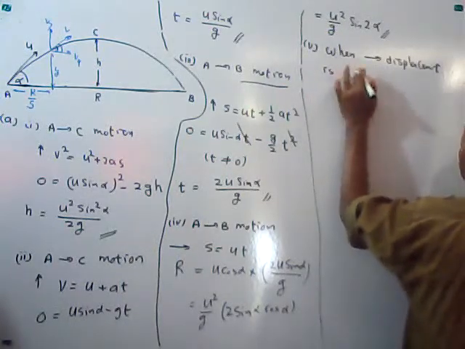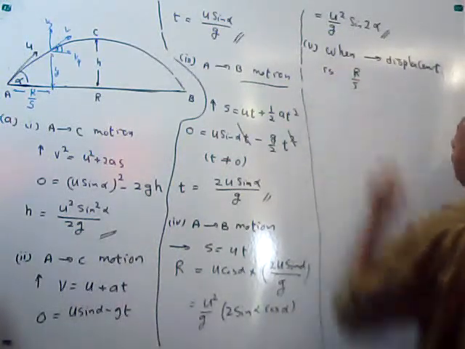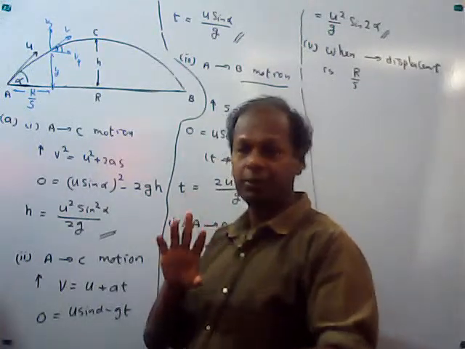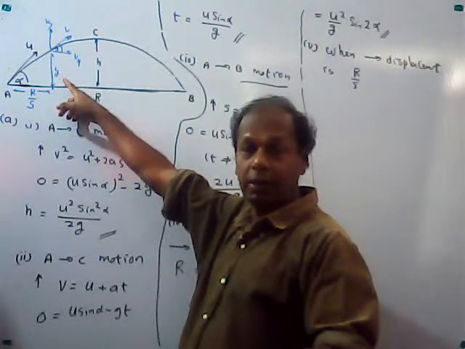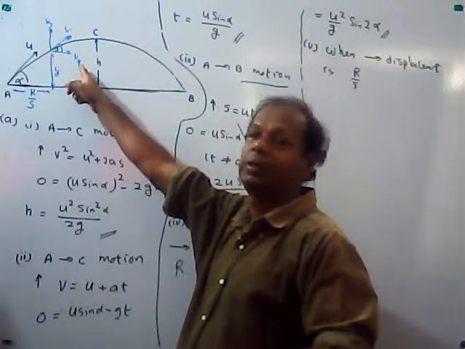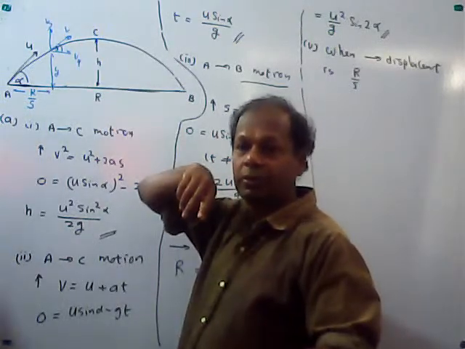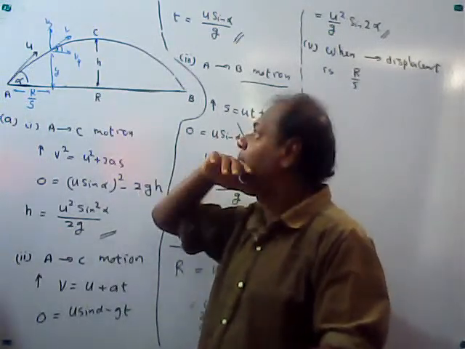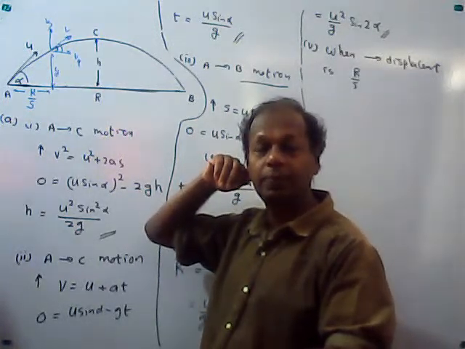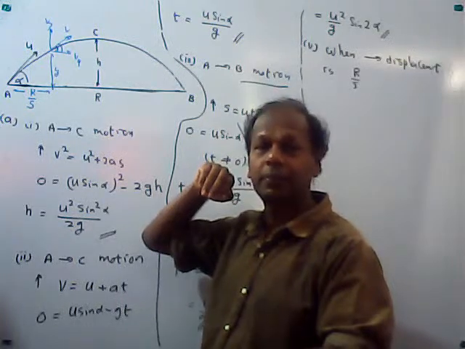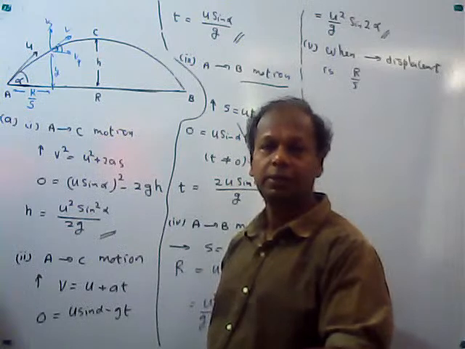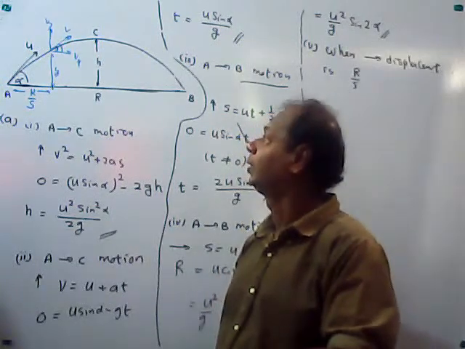There are three things to find: the height, the vertical displacement y, and the components of velocity Vx and Vy. Anything you can find very easily if you know the time. If we have the time t, you can easily find the other things. So how to find the time?